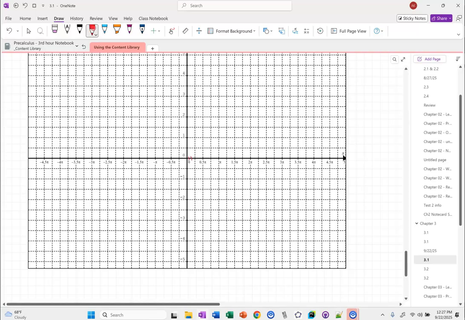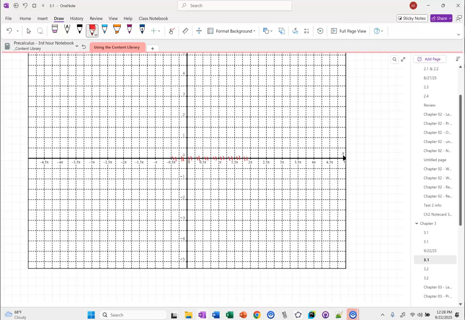So I'm going to add in my own extra tick marks here. You guys see that? So we have negative 3 pi over 12, and then, was it 4 pi over 12?